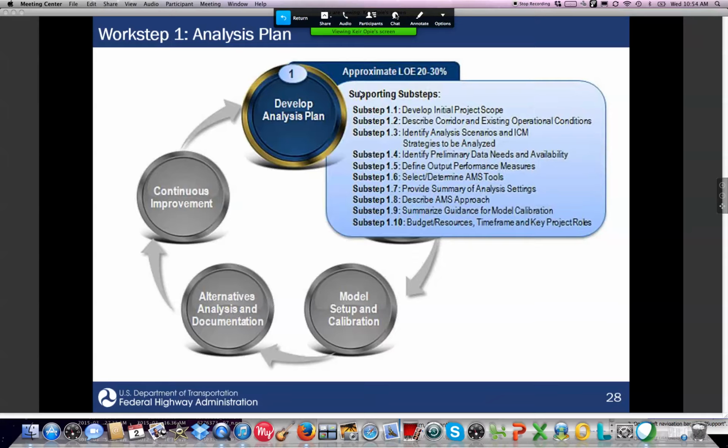Looking at the different analysis scenarios, there's a lot of good information that's going to be coming out of FHWA over the next year. How do you not only look at your recurring or average conditions or a typical day, as we have traditionally done, but then how do we start to look at varying demand, high demand days, incident scenarios.